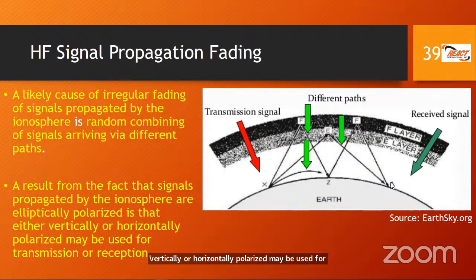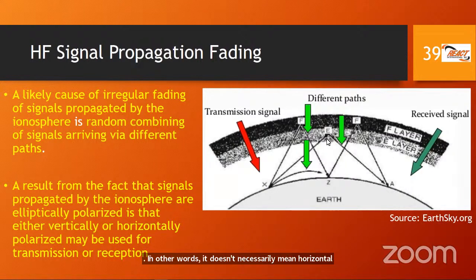So let's take a moment to discuss what that is very quickly. If our signal leaves the Earth's surface and goes to the ionosphere and is refracted down to the Earth on the other side here, while it might have started off as a horizontal polarization or a vertical polarization, because it's refracted at the ionosphere, when it comes back down, it becomes circularly polarized. In other words, it doesn't necessarily mean horizontal, or it doesn't necessarily mean vertical.